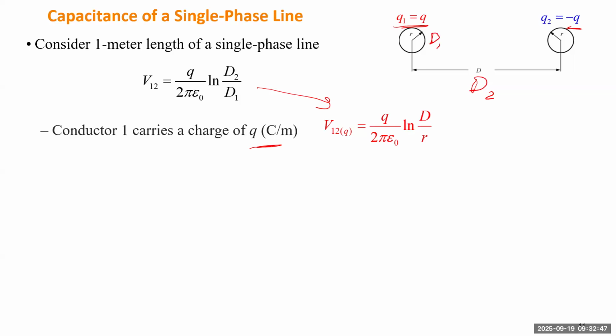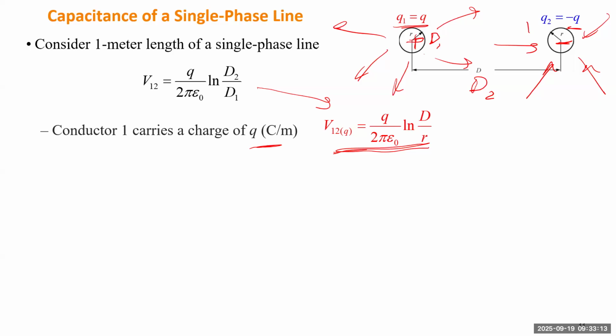This is the voltage due to the first conductor. If your first conductor has this positive charge, the flux will leave the conductor, and the second one carries the negative charge, so the flux will come back. This voltage is only calculated based on the first conductor.